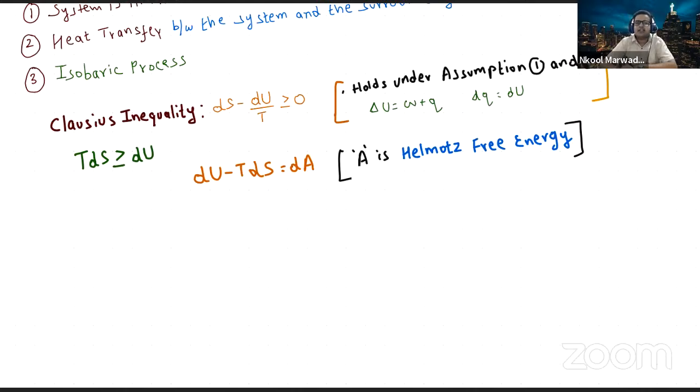So the change in Helmholtz free energy is equal to the change in internal energy minus T times the change in entropy. If I write it only in terms of A, then A is equal to U minus TS. Helmholtz free energy is U minus TS.